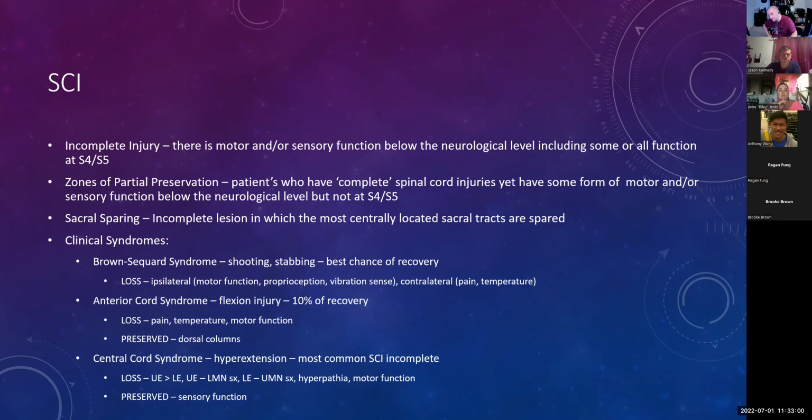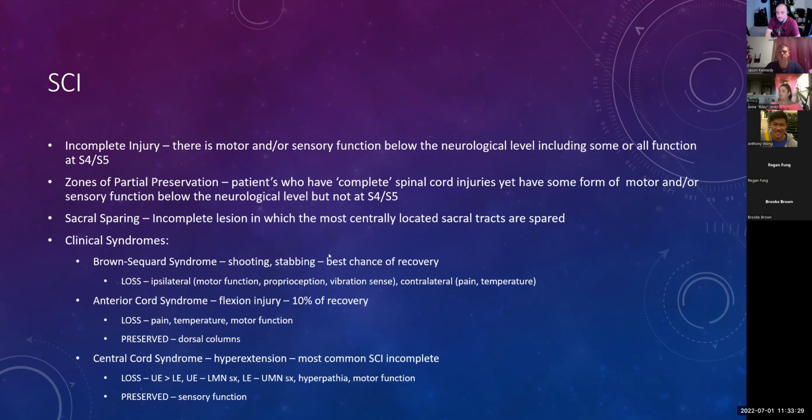So a question like this would say that you have a C7 complete injury and your patient has great toe extension. What is causing this? That would be a zone of partial preservation. We have no idea why this happens, but sometimes weirdly it just happens. So that zone of partial preservation follows those complete spinal cord injuries when they have something weird below that.